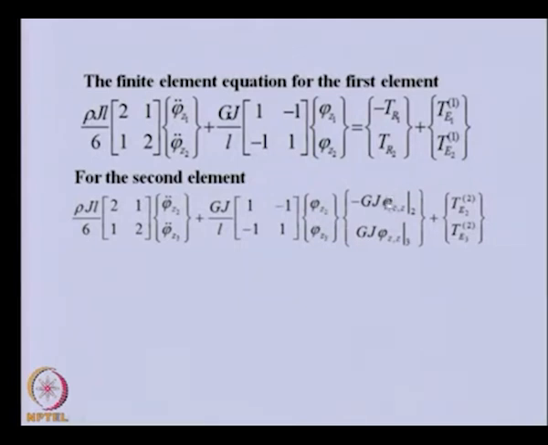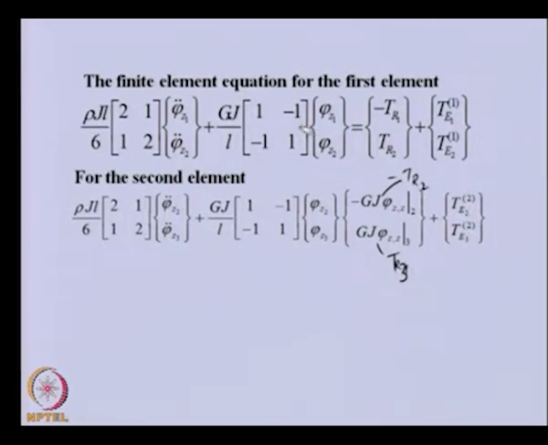Now these are the reaction torques, which we can write as minus TR2 and TR3, because this corresponds to the third node. This is the external torque at node 2 and node 3 of element 2. The superscript represents the element and the subscript represents the node number.